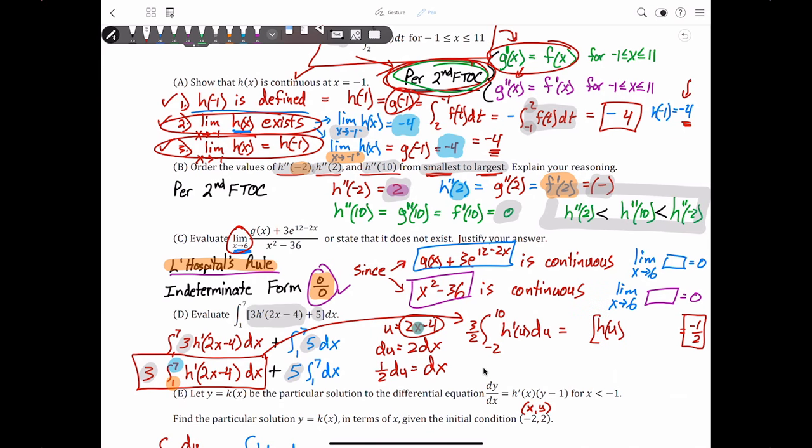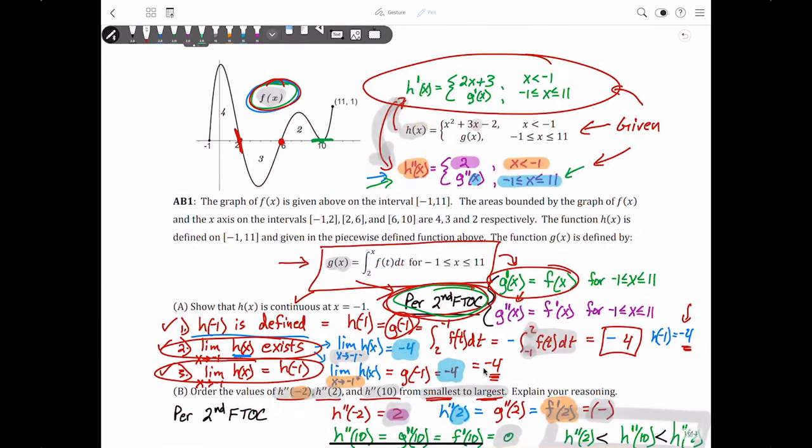Okay? And I'm evaluating this from -2 to 10. In constant multiple rule, there's 3/2 right here that I'm going to multiply thereafter. So this, and this is again just the fundamental theorem, is h of 10 minus h of -2, which is therefore going to be multiplied with this 3/2 out in front.